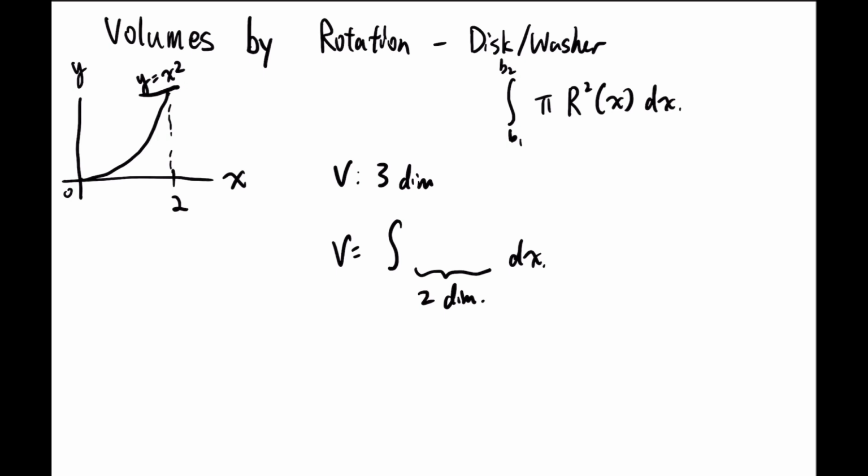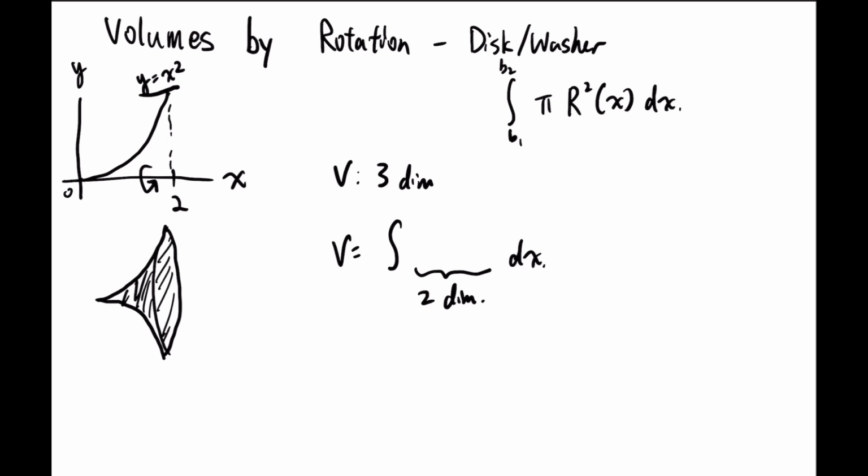So let's say we wanted to rotate the shape bounded by x squared and x is equal to 2 around the x-axis. This rotation would give us some kind of pointy conical shape. Right, so this entire volume would be what we're trying to find.